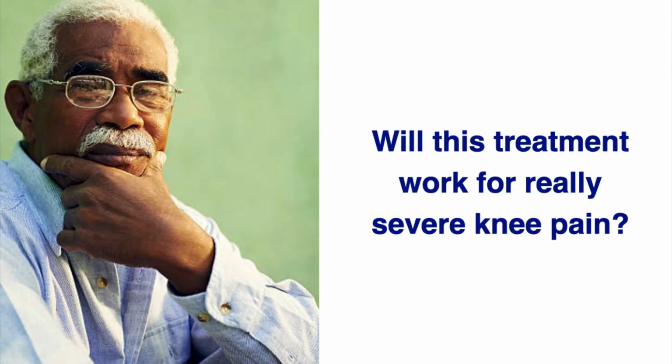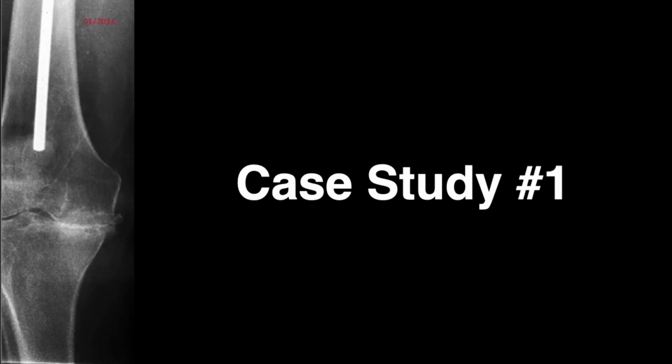So at this point, you may be wondering if this treatment will work for really serious knee pain. Here are a couple of case studies that demonstrate just how effective the Advanced Arthritis Relief Protocol is on severely arthritic knees. The first is an 86-year-old female who was very overweight, bound to a wheelchair, and in a nursing home.